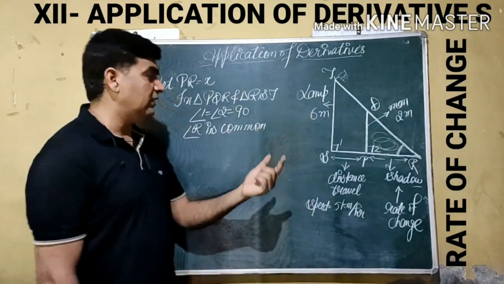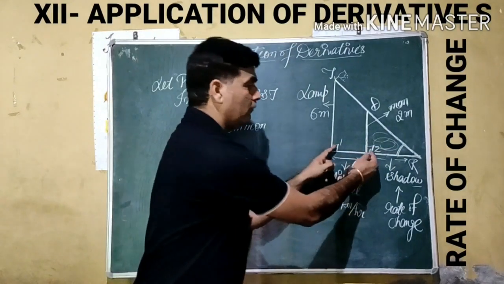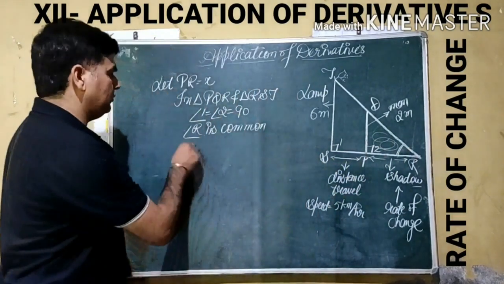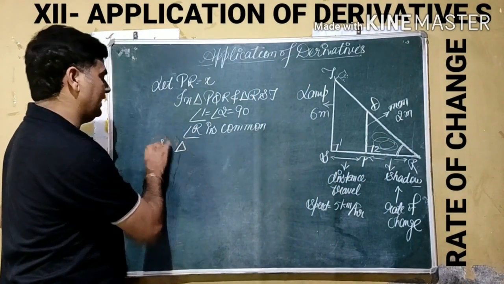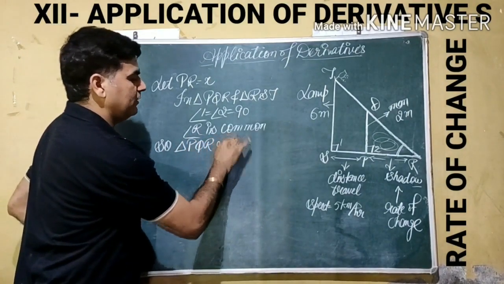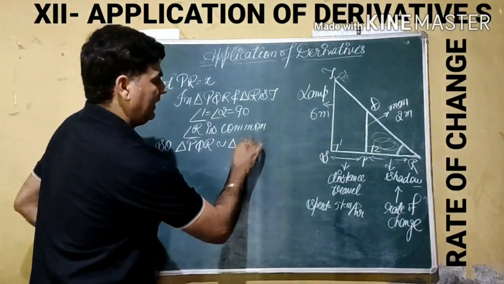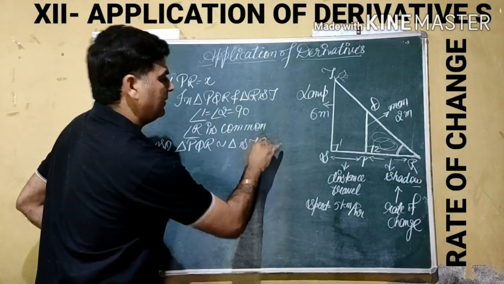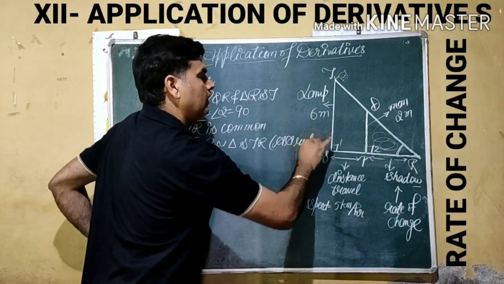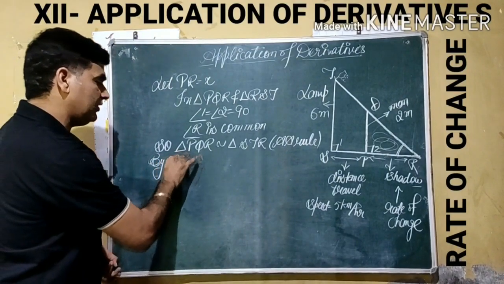And in 10th we have done if two triangles are having one angle equal, second angle also equal, then these two triangles are known as similar triangles. So we can say triangle PQR, this is the symbol of similarity, triangle STR by angle rule.